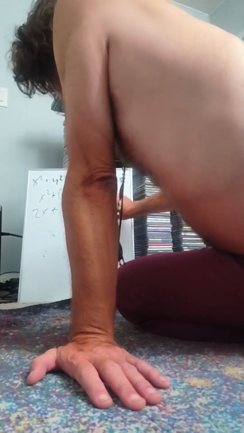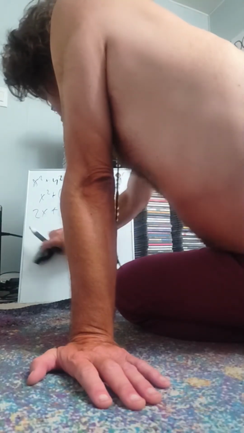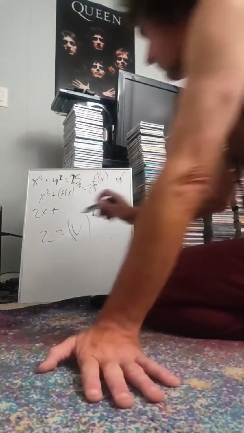Let's try again. Z equals u squared. Let's make it f of z.